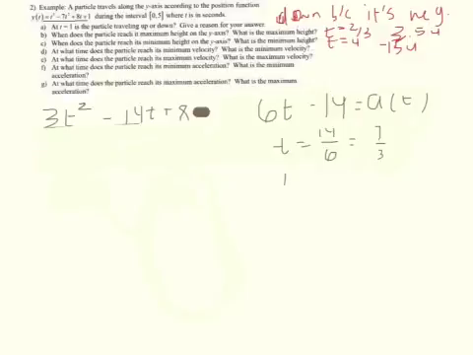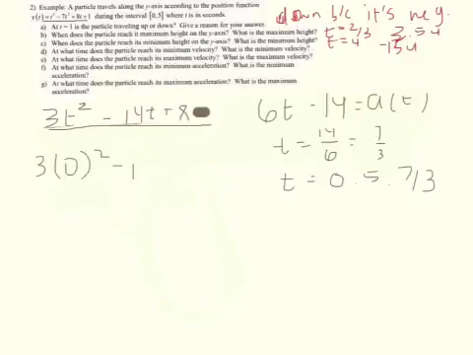So now we know that t equals the endpoints, which are 0 and 5, and 7/3. So now we have to plug it into the velocity equation. So it would be 3 times 0 squared minus 14 times 0 plus 8. So when t equals 0, the velocity would be 8 units per second.